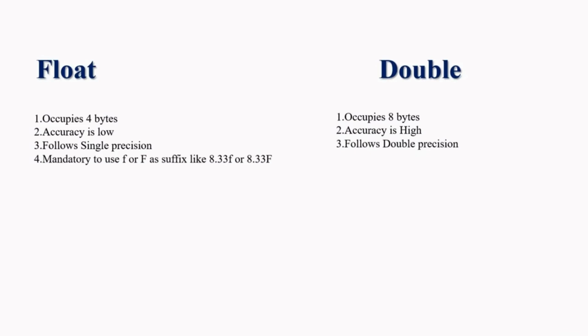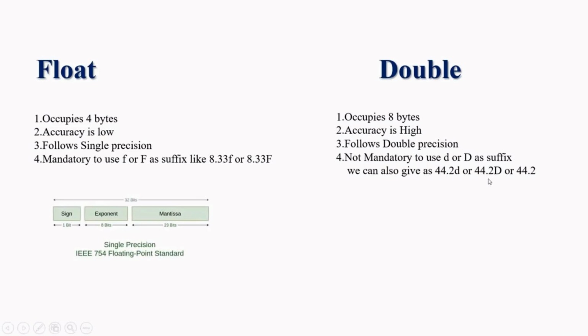Here, when using float, it is mandatory to use f as a suffix, like 8.33f. f means it is a float value. It is not mandatory to use d as a suffix if you are mentioning a double value.